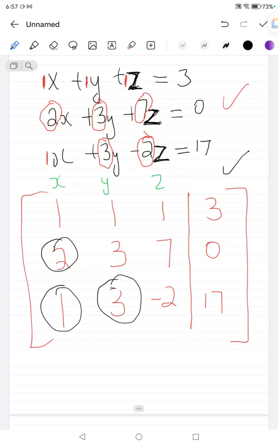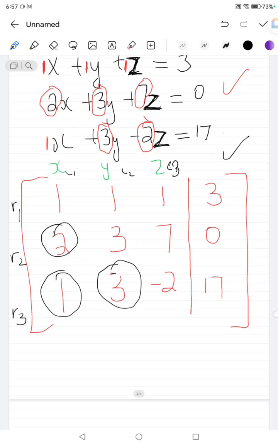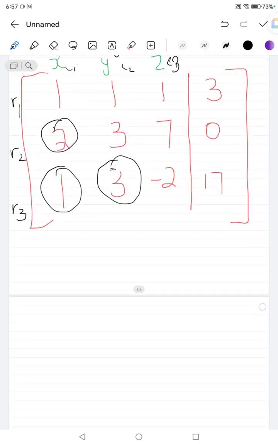And remember, this one is your row 3, this one is your row 2, this one would be your row 1, and this one will be your column 1, column 2, column 3. Then we're going to start with the calculations.